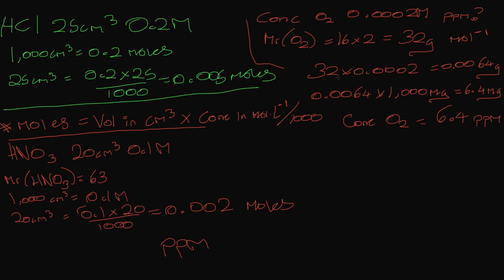We multiplied 32 grams by the 0.0002 moles, and got 0.0064 grams. Then we multiplied that by 1000 milligrams, so we got 6.4 milligrams, and the concentration of O2 is equal to 6.4 parts per million, because milligrams and parts per million are the same thing.